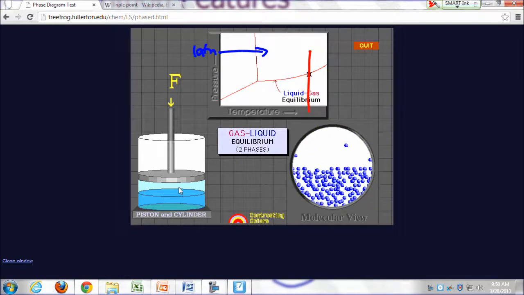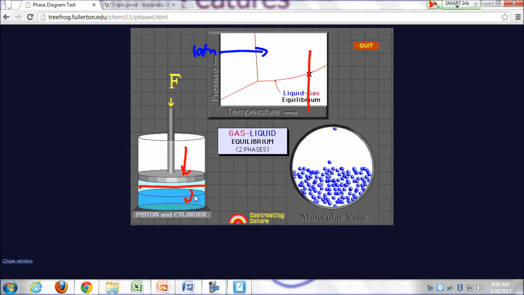If I keep squeezing that, what will happen? If I keep pushing the volume in, I can make the volume smaller, then more of your gas molecules will go back to your liquid. You will be maintaining the constant vapor pressure at that temperature.